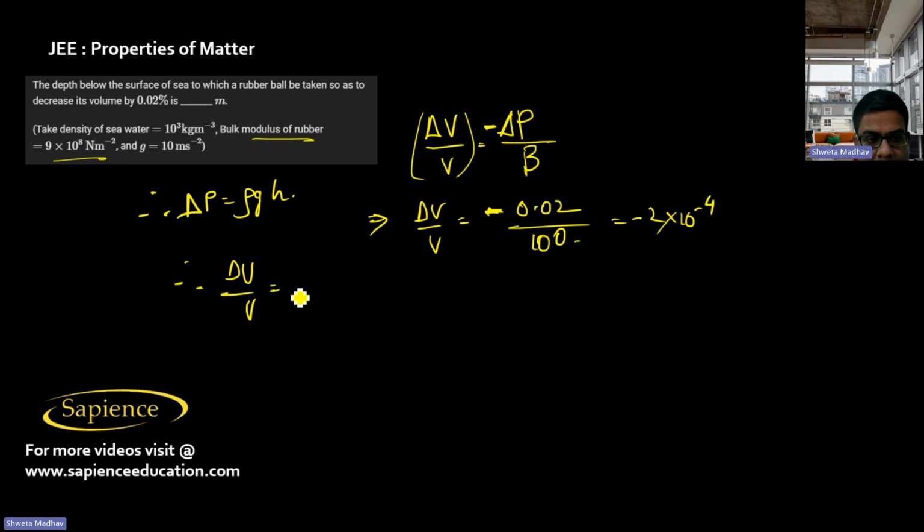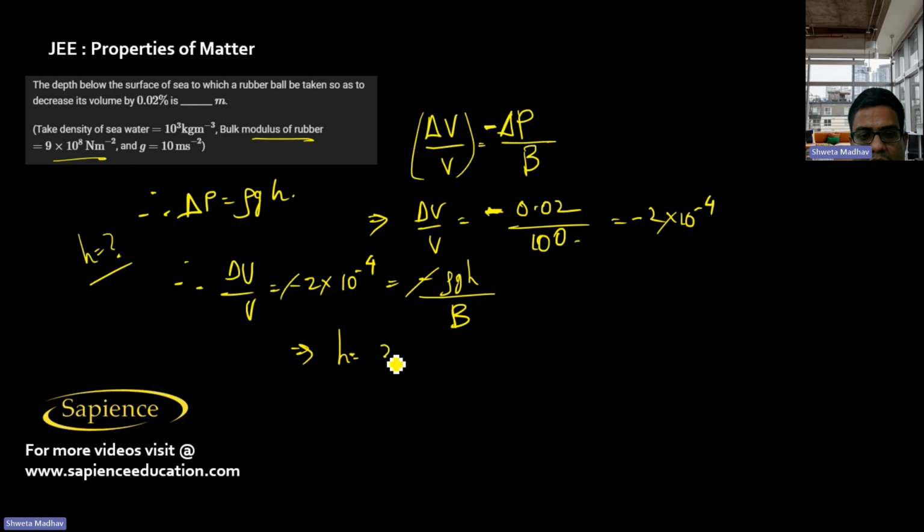So here delta V by V, the decrease in the volume, is minus 2 into 10 power minus 4, and this is equal to minus rho g h divided by B. We have to find the depth below the surface, so h we have to find. h is the depth below the surface of the sea. Minus minus will cancel.